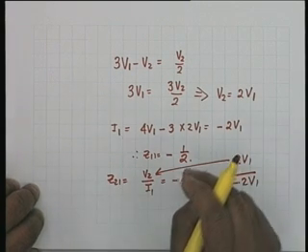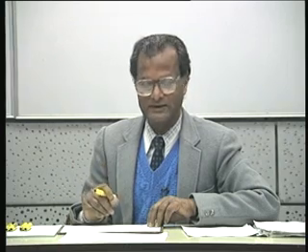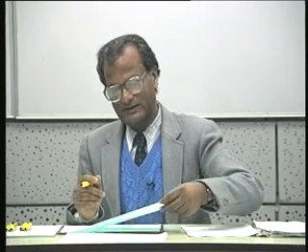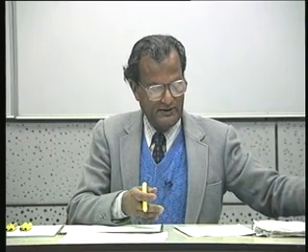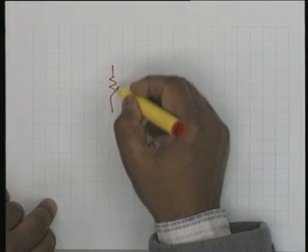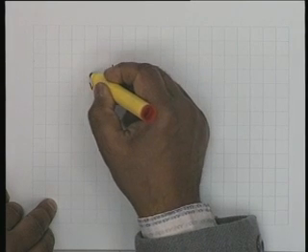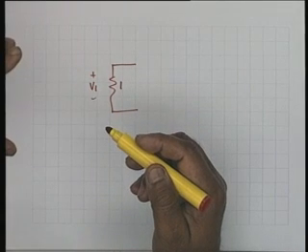Now, this does not mean that Z12 should also be equal to minus 1. You have to calculate that. In other words, there is no escape. You have to take the network again and put I1 equal to 0, and the network then becomes this. V1, I1 is 0, no entry of current from port 1.